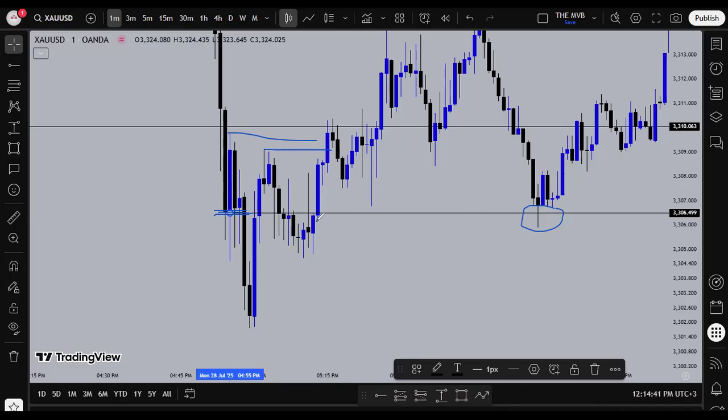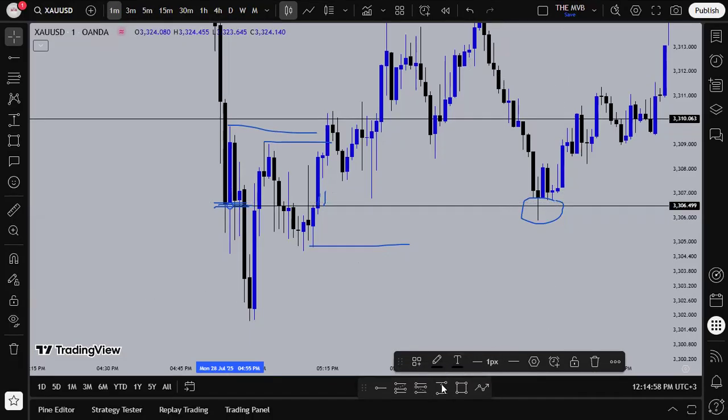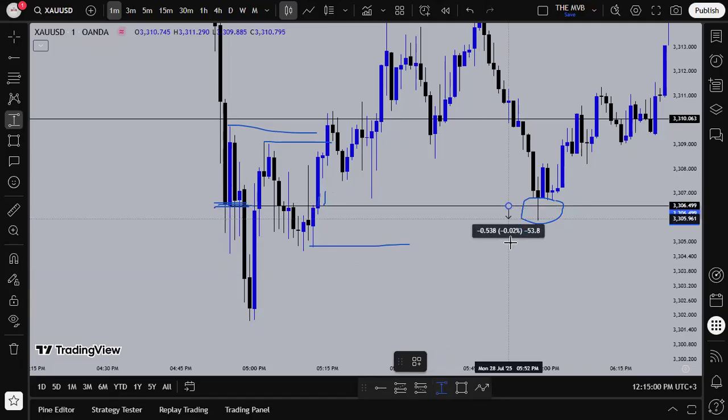And the stop loss was the second entry. This was the first candle breaking that level, and this second candle is where you're supposed to put the stop loss. It was actually a very small stop loss here. From here to here, it was just 17 pips.